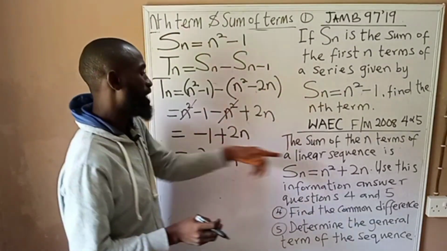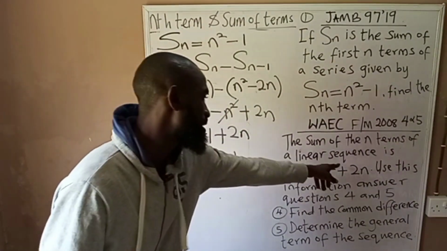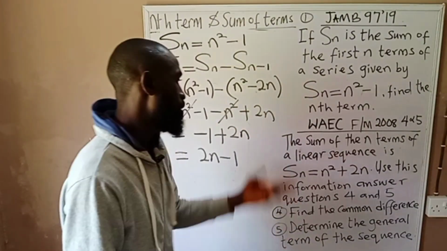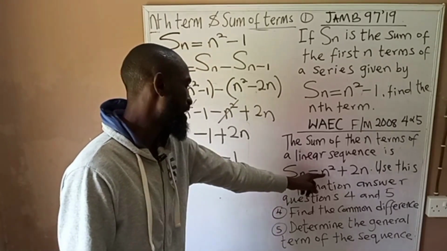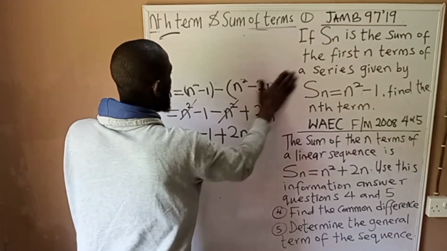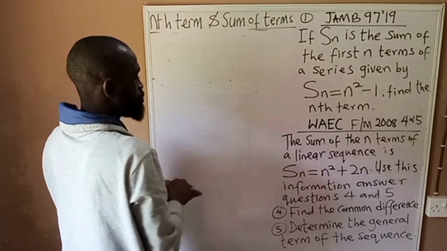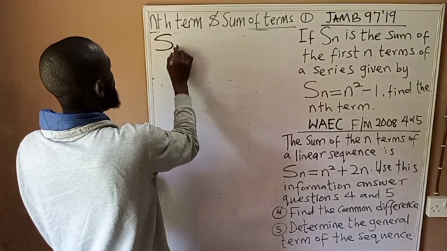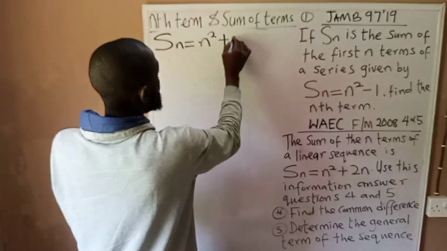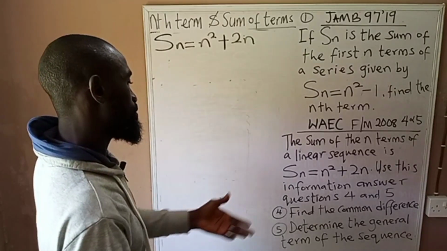So let's go to the second one. That one says the sum of the n terms of a linear sequence, arithmetic progression, which is AP, can also be called a linear sequence. The formula given is Sn equals n squared plus 2n. We are asked to use this information to answer questions 4 and 5.